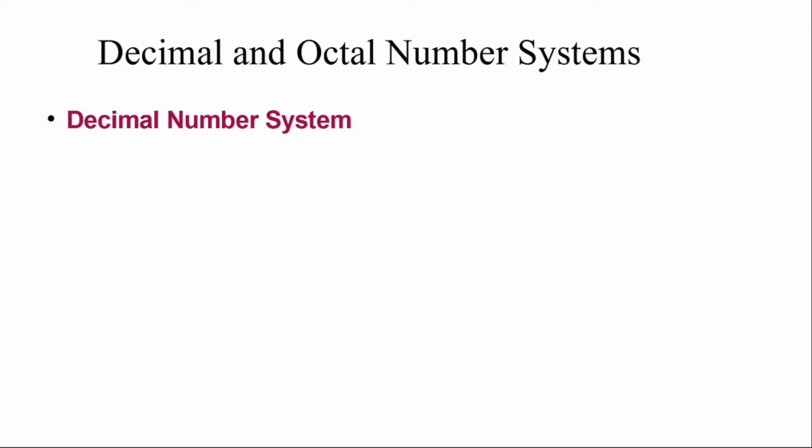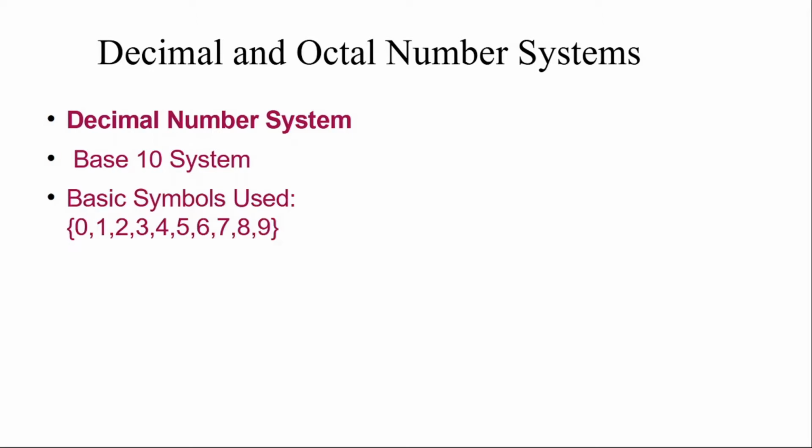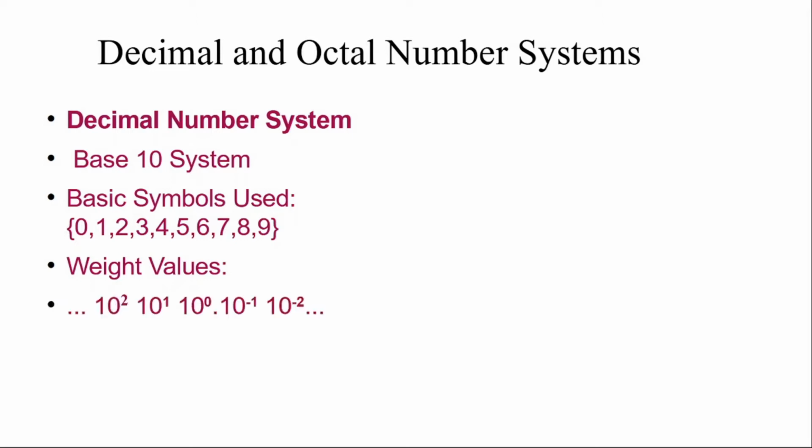We know that decimal number system is a base 10 system which contains 10 basic symbols 0 to 9. Since it is a base 10 system, its weight values are represented as a power of 10.